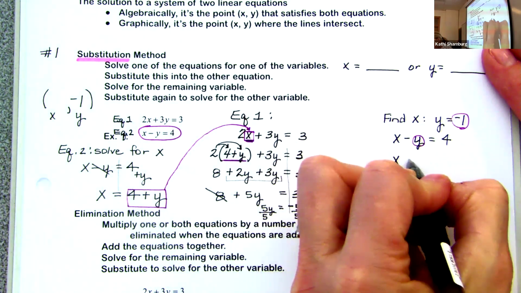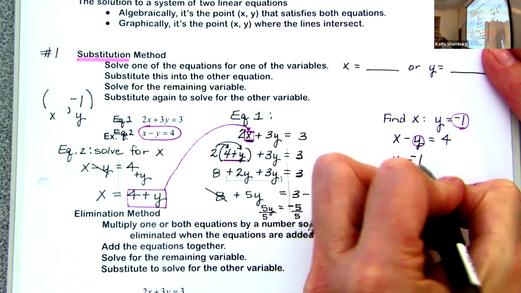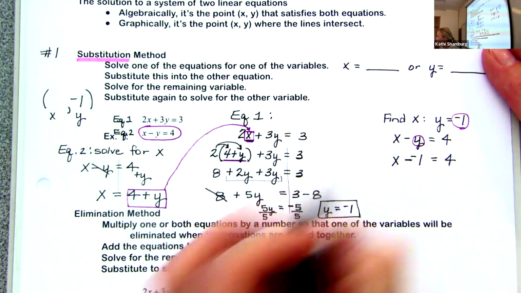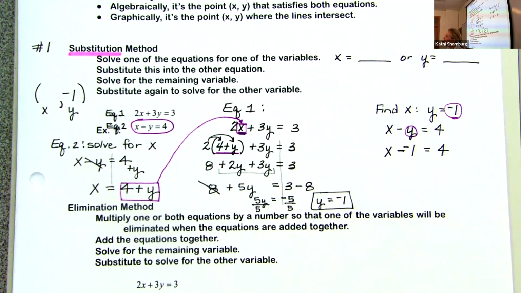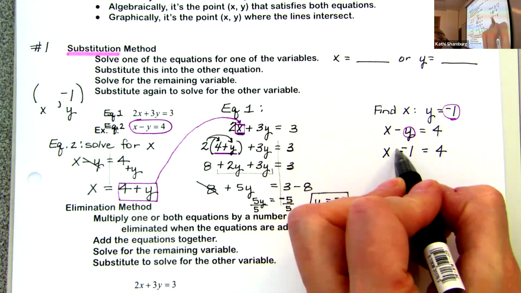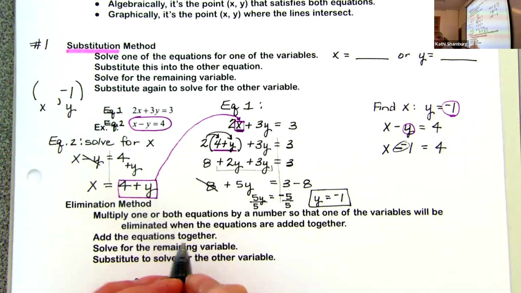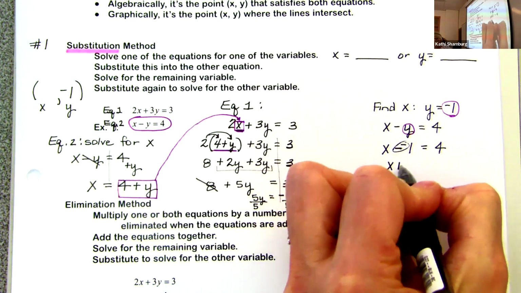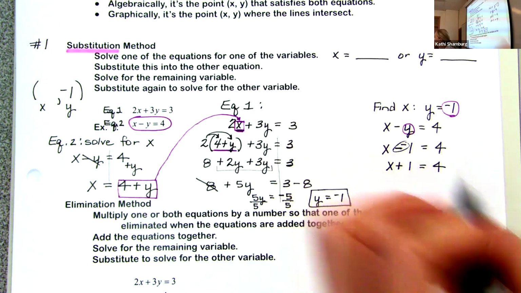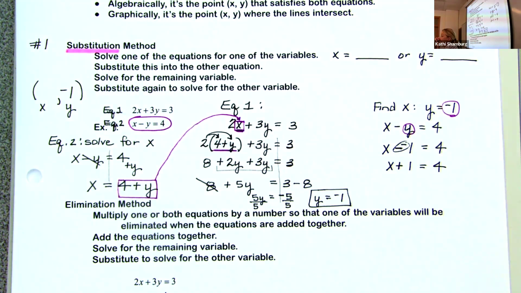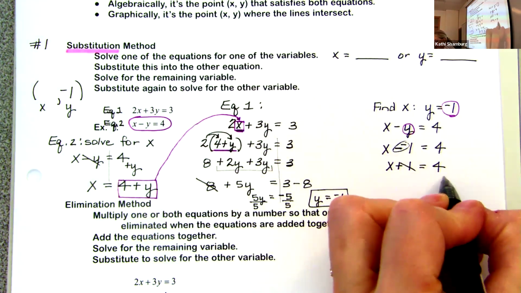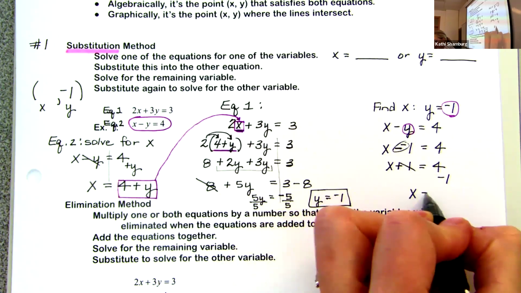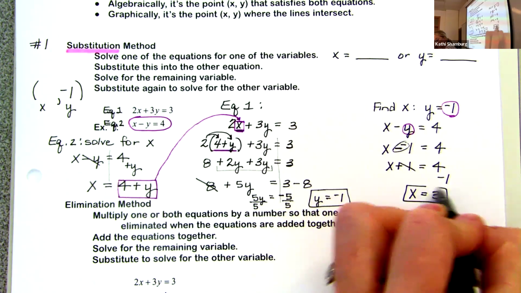So I have x minus -1 equals 4. Now, be careful. Does anybody remember what minus negative is the same as? It's plus. So this actually means x plus 1 equals 4. And so we need to move this 1 by subtracting it. So we get x equals 3.